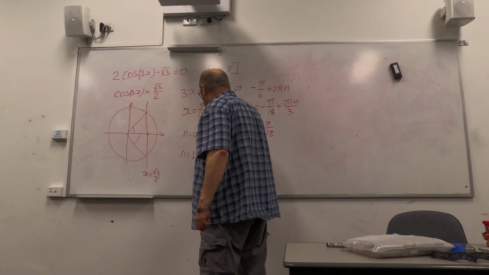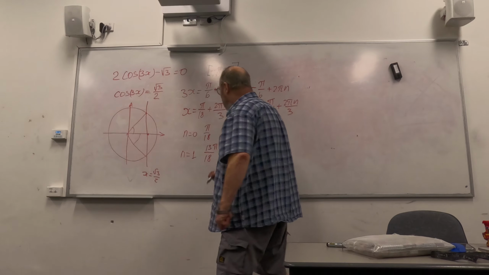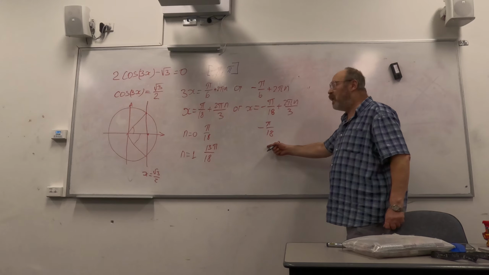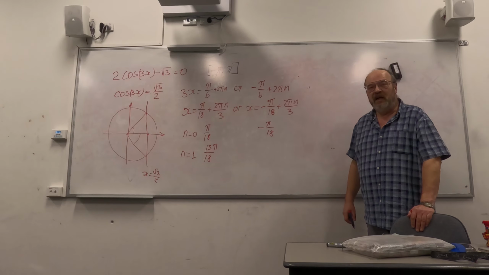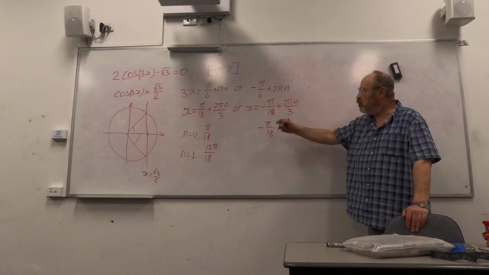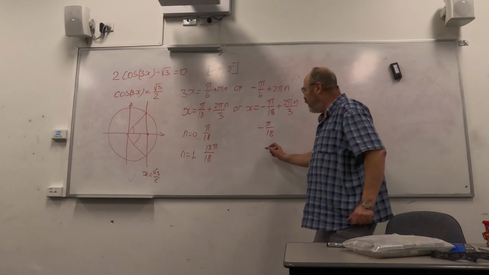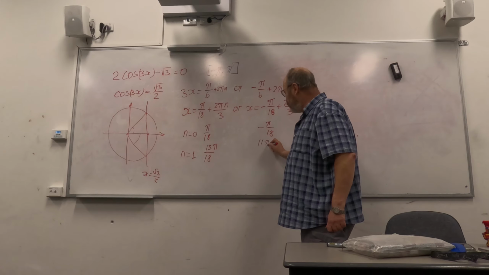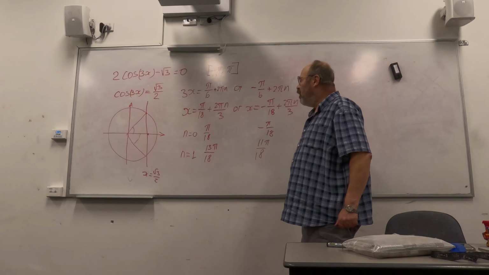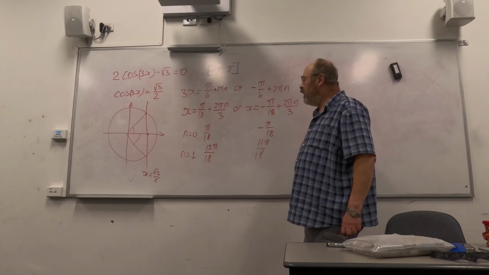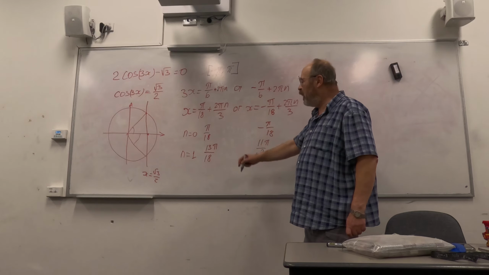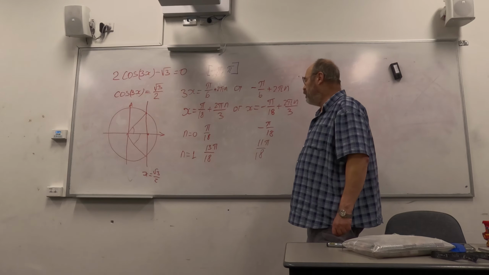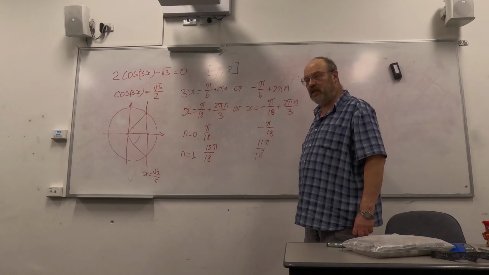For the other one, minus pi on 18 gives 11 pi on 18. Still in the interval, but if we add another 12, we will get out of the interval.